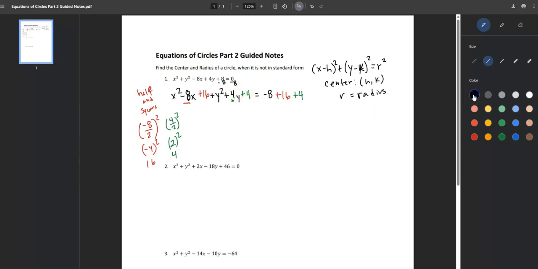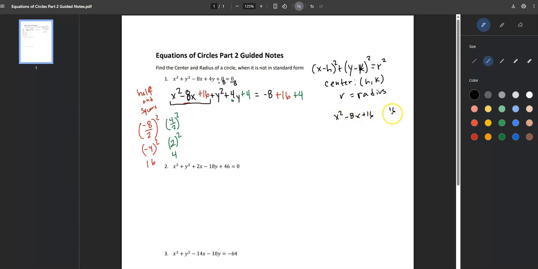Once I've got that, I'm just going to look at my x expression and factor it. You've got to think back to your factoring skills. I've got x squared minus 8x plus 16. If you remember, we multiply a and c together, which gives me 16.